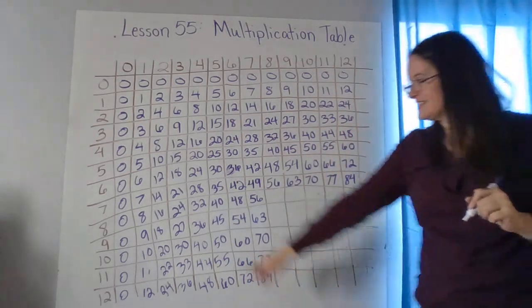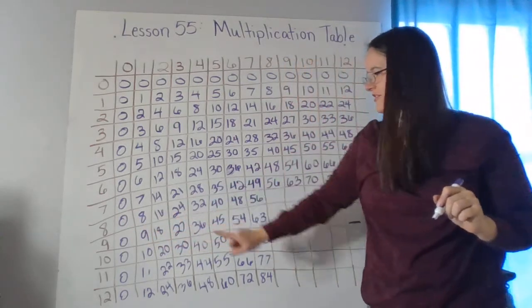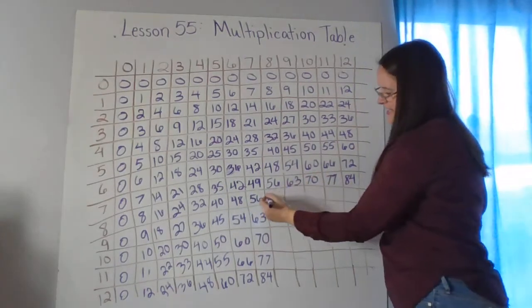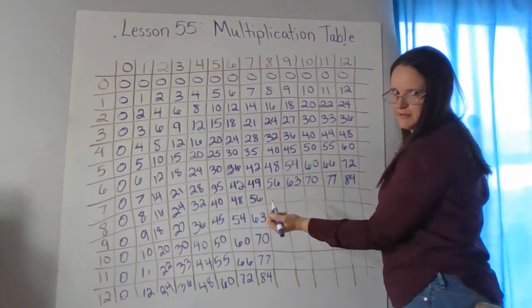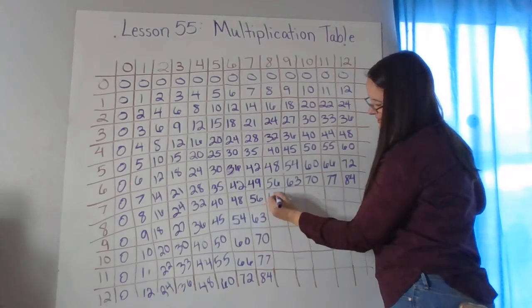Counting by eights, 0, 8, 16, 24, 32, 40, 48, 56. What's 56 plus 8? 64.